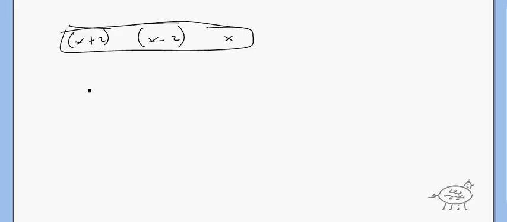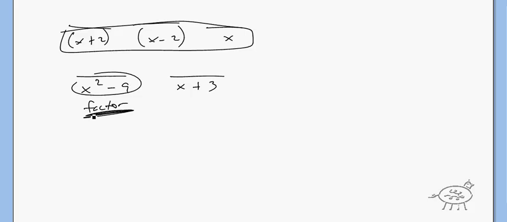Let's get a little more fancy. Let's do x squared minus 9 and x plus 3. What do those have in common? These are your denominators, and you should probably recognize this already: you're going to factor. There is so much factoring involved in this chapter now. You factor that to x plus 3, x minus 3, and that one is x plus 3.